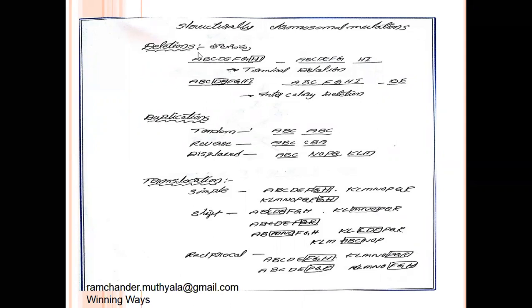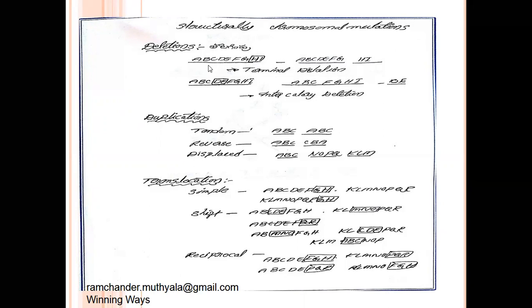Deletions are mainly of two types: terminal deletions and intercalary deletions. In terminal deletions, the terminal genes of the chromosome are eliminated.